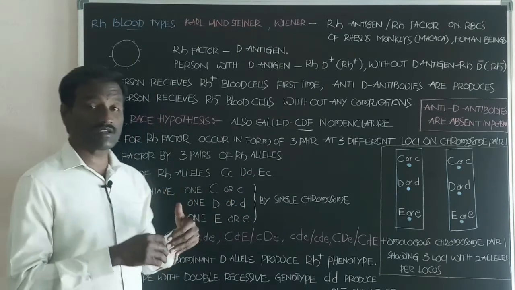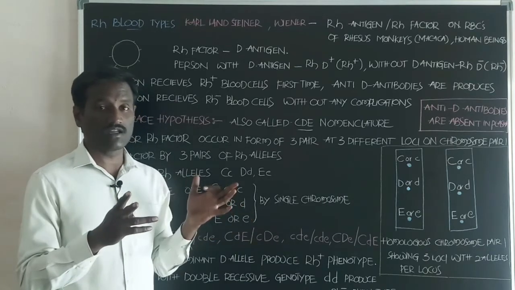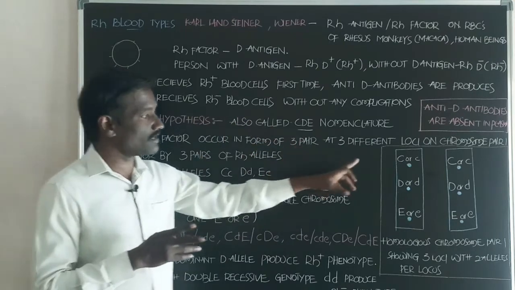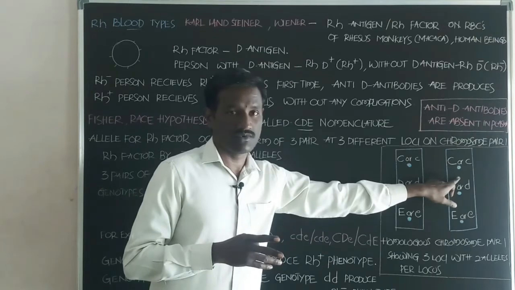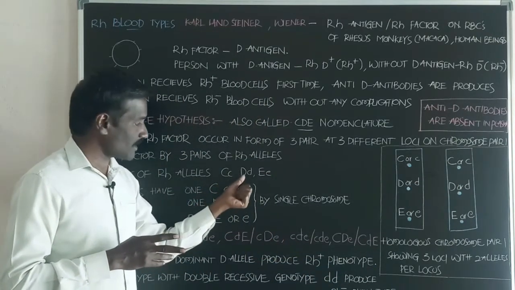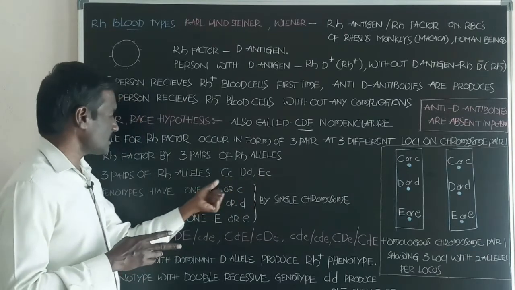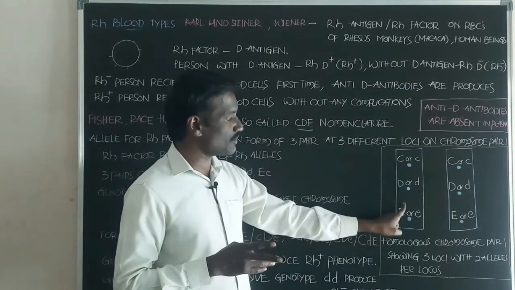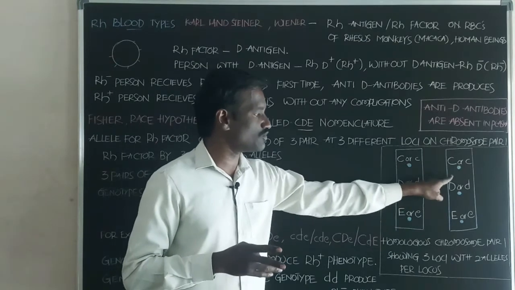Which are the three pairs of Rh alleles? They belong to the information on chromosome pair 1. These are capital C and small c, capital D and small d, capital E and small e. These are three pairs of alleles present at three different loci on chromosome pair 1.